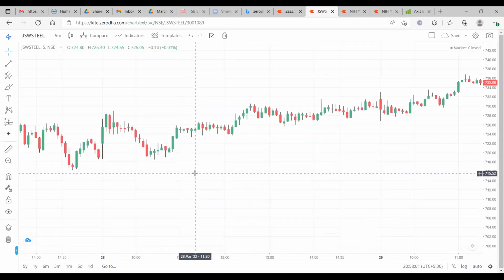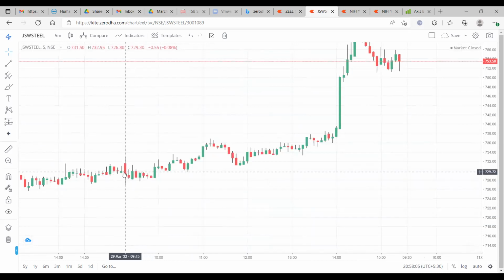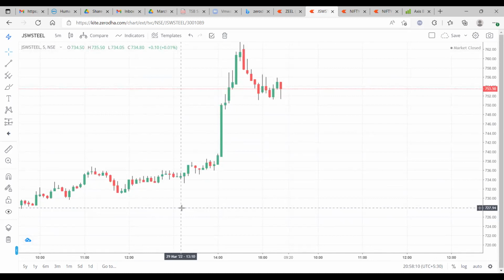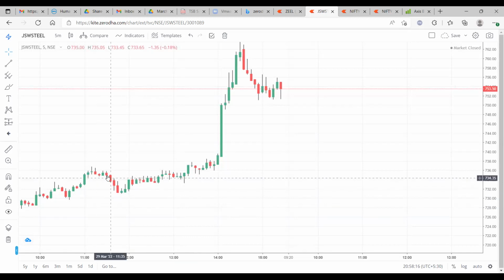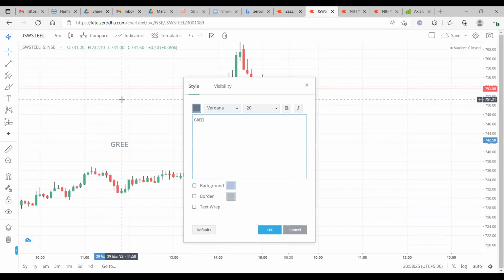Okay. All right. So 5 minutes is understood. Every candle is a representation of that 5 minutes duration variation. Now let's see what exactly the red candle represents and what the green candle represents. So the green candles represent the buy candles or bullish candles.